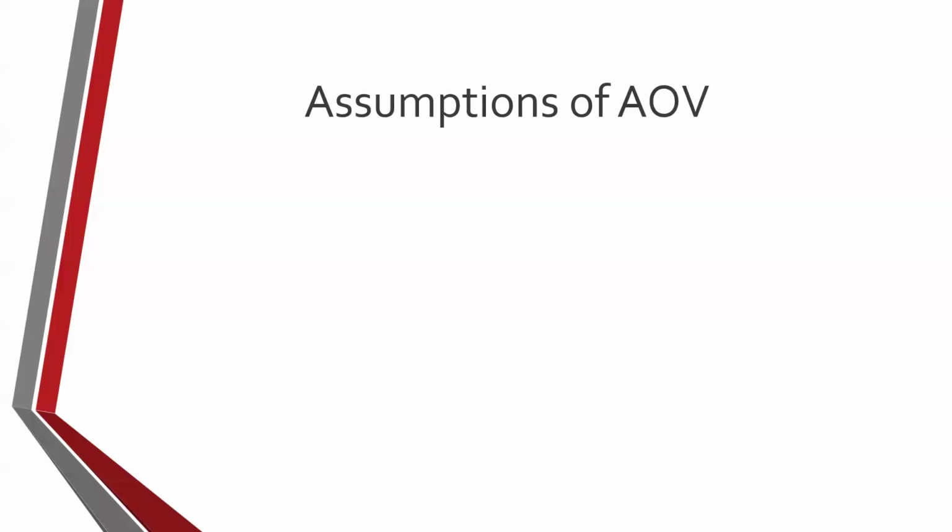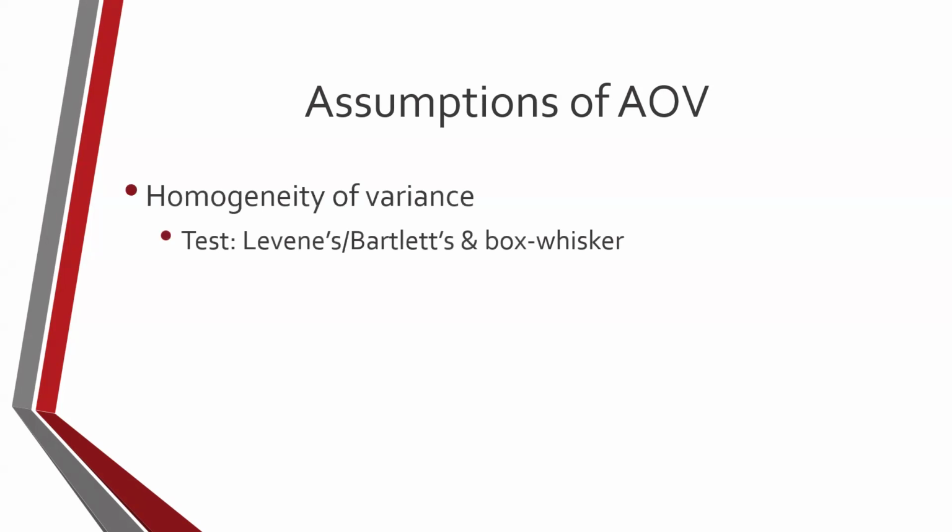So let's take a closer look at these assumptions. The first one is homogeneity of variance, and that is that the variances of the different treatments are approximately equal. If you have a treatment that is much more variable or much less variable than the others, the analysis will not work.